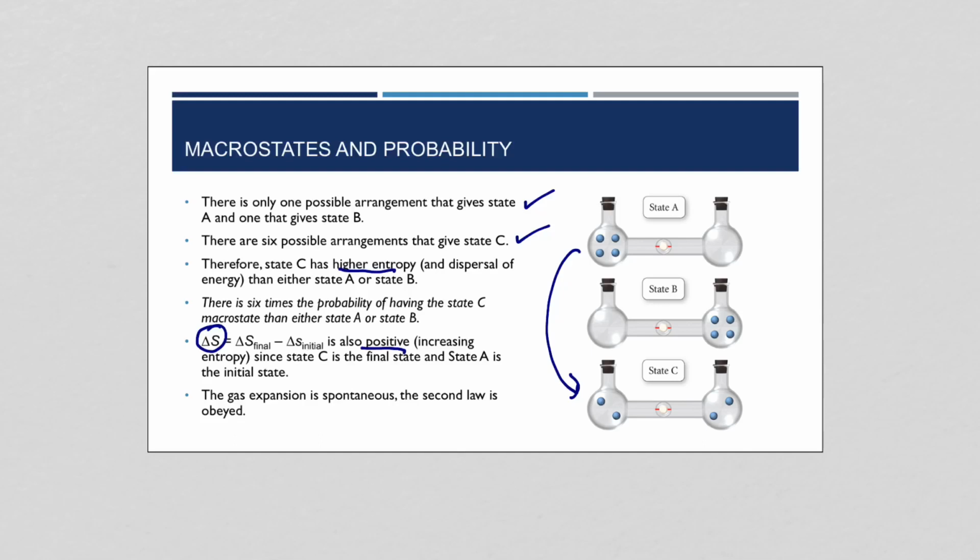So what does that tell me? It tells me the gas expansion is spontaneous. The second law is obeyed, that an increase in entropy of the universe led to a spontaneous process, or because this process results in an increase in entropy of the universe, it is a spontaneous process. Whereas the concentration of the gas staying on one side or the other would not be a spontaneous process, because it would not result in an increase in the entropy.